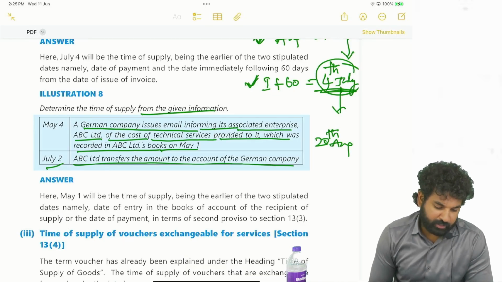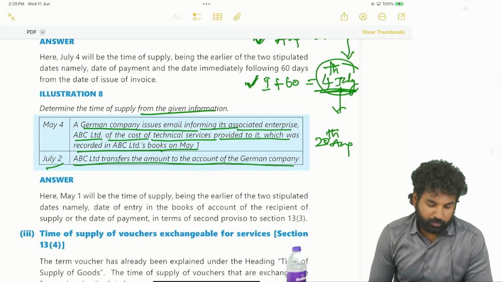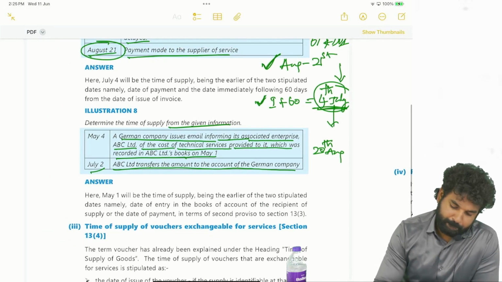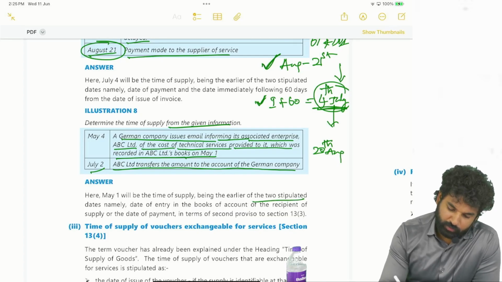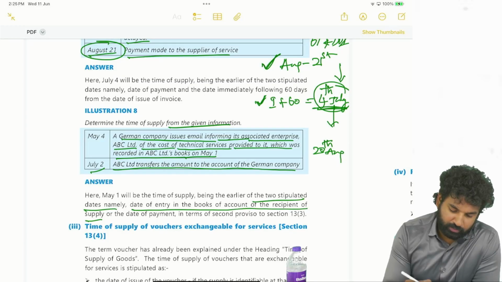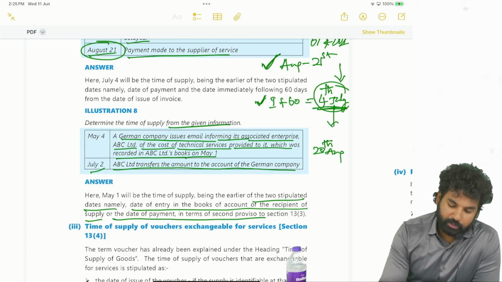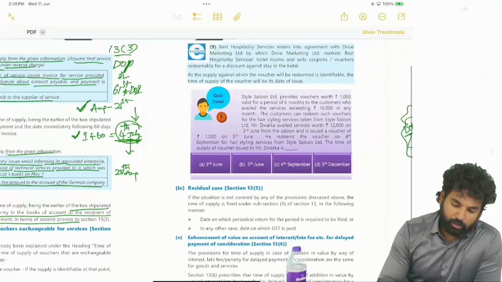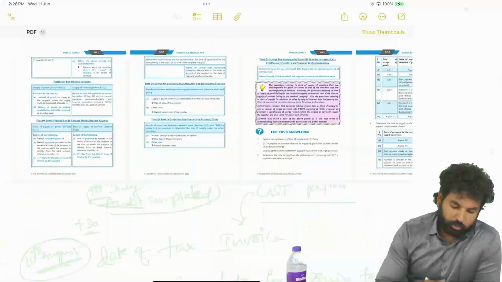Hence, the time of supply will be May 1st. See, it is the earlier of the two stipulated dates, namely the date of entry in the books of accounts of the recipient of supply or the date of payment, in terms of the second proviso to section 13. Right. So now we will move on to the questions part.